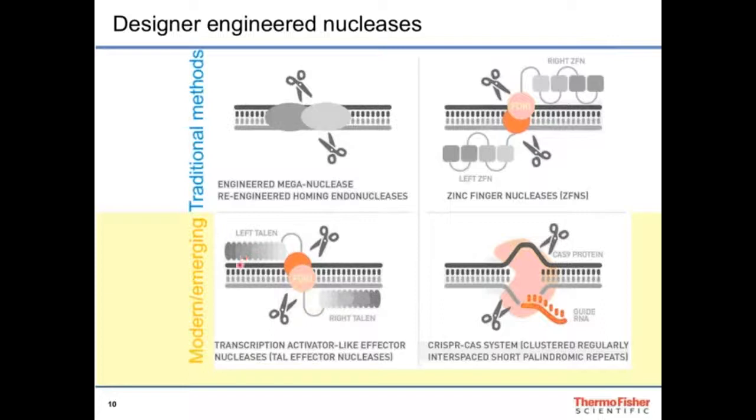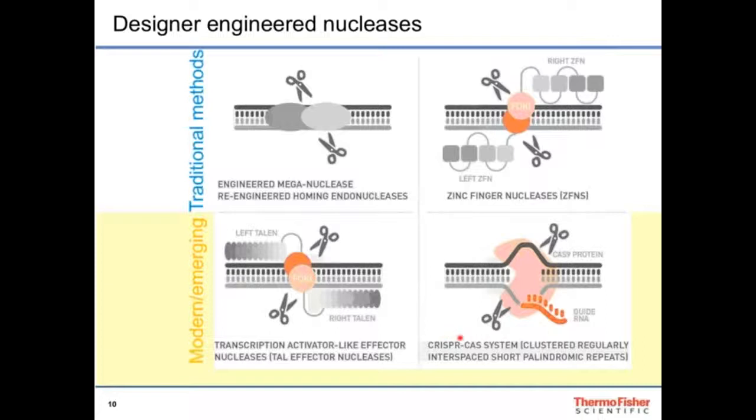Now, the TAL effectors were very interesting because they were found to consist of a repeated protein domain structure, and each repeat domain is responsible for binding one specific nucleotide. Once Jens Boch's group was able to crack that code, if you will, in 2009, that allowed us to relatively easily recode these proteins to bind any address we like in the genome, and again create double-stranded breaks.